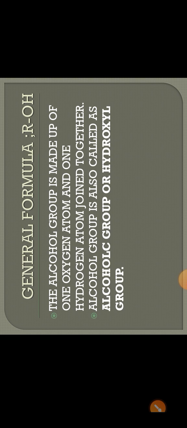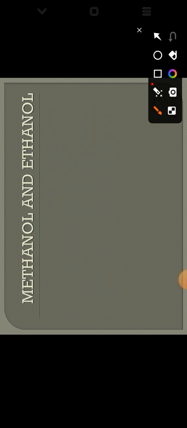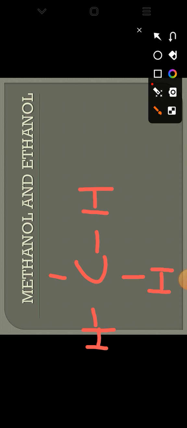hence of alkanes. So here, if I take an example, methanol. So, we all know methane. Methane is the simplest hydrocarbon which is made up of one carbon and four hydrogen. So, this is methane. If I replace one of the hydrogen by OH group, it becomes alcohol.